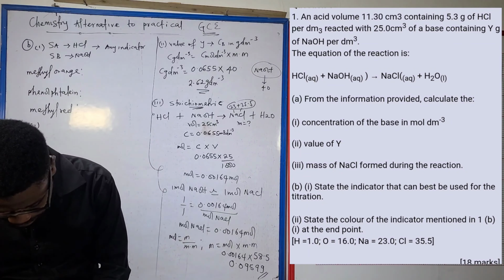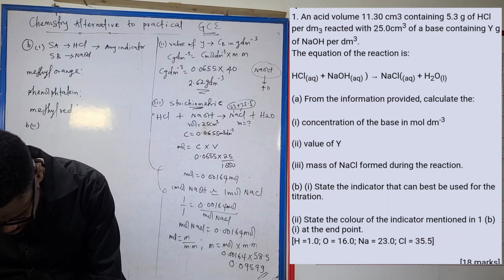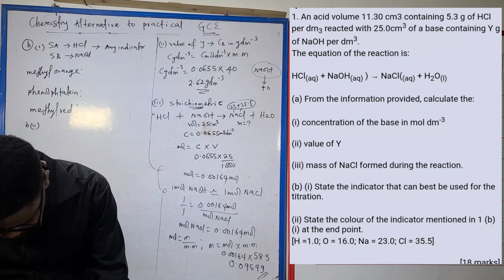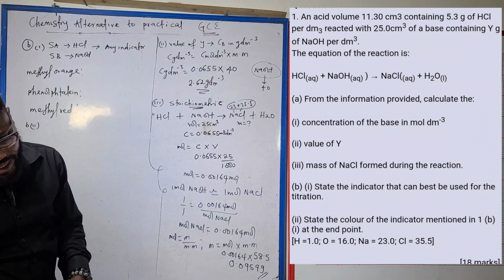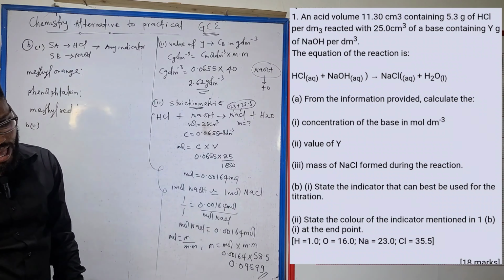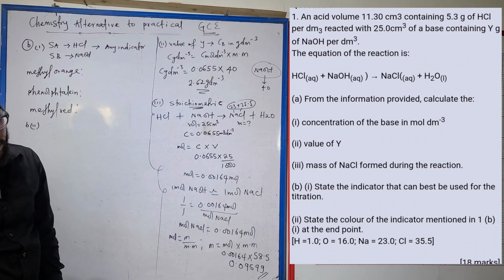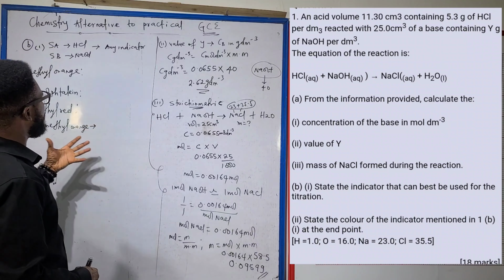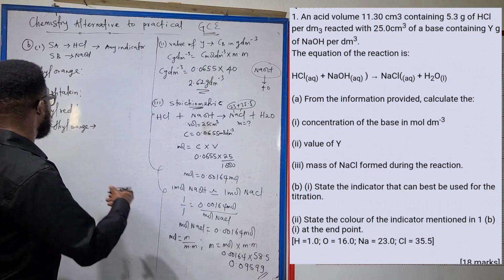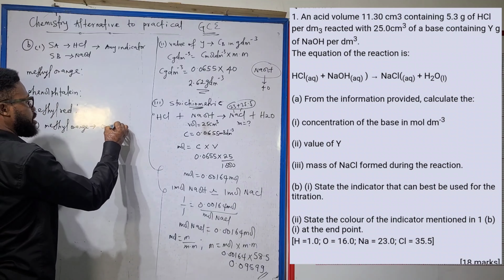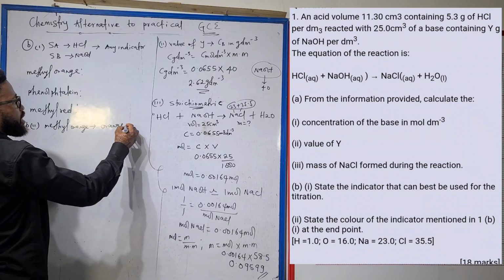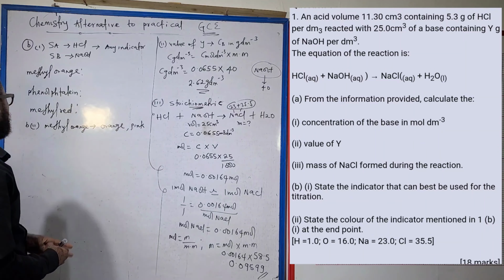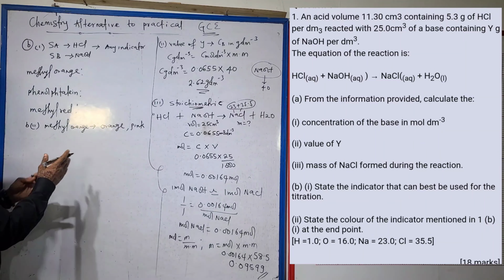For B2, they said state the color of the indicator at the end point. What will be the color of methyl orange at the end point? If you write orange, you'll be correct. If you write pink, you'll be correct as well, depending on how you look at it.